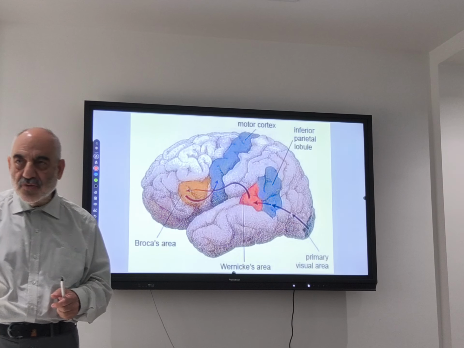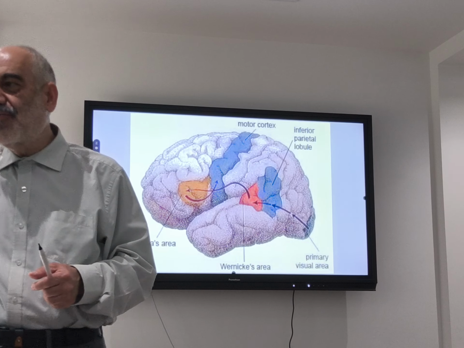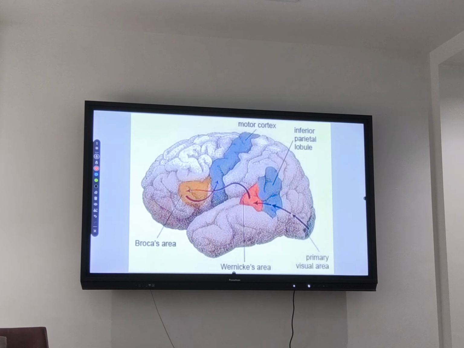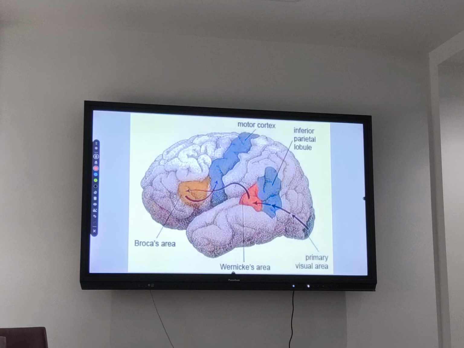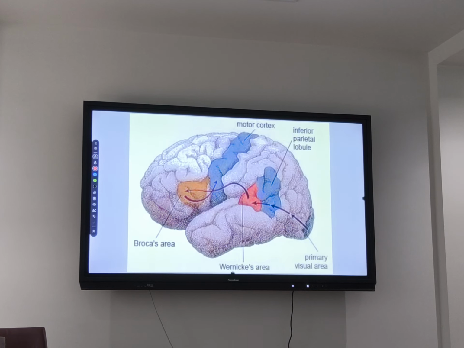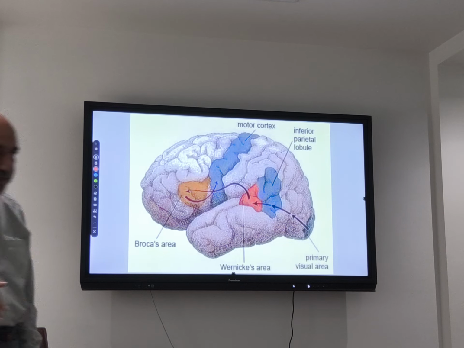When you contract your muscles, the cortex sends information to the spinal cord and from the spinal cord onward. You must know these pathways. It's important. In the brainstem, these pathways are strong. In the brainstem, okay? So it's very important.